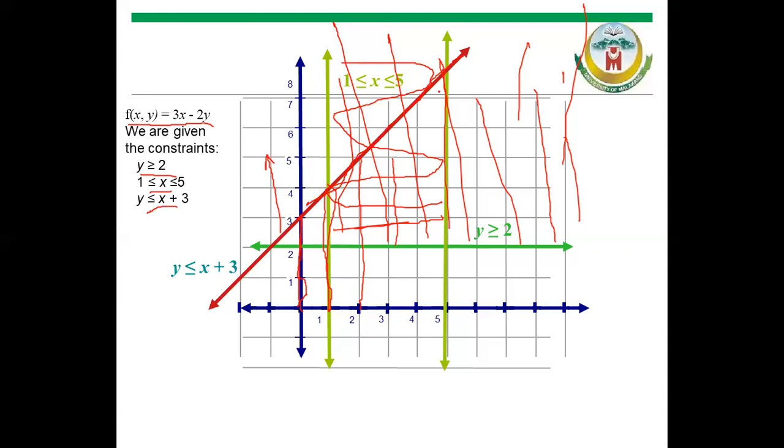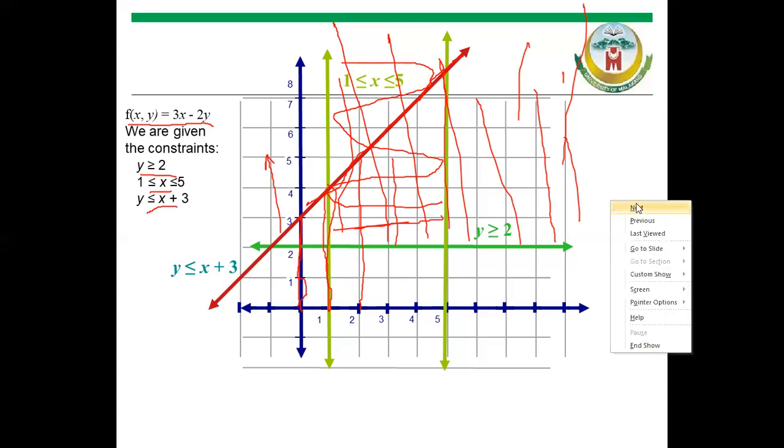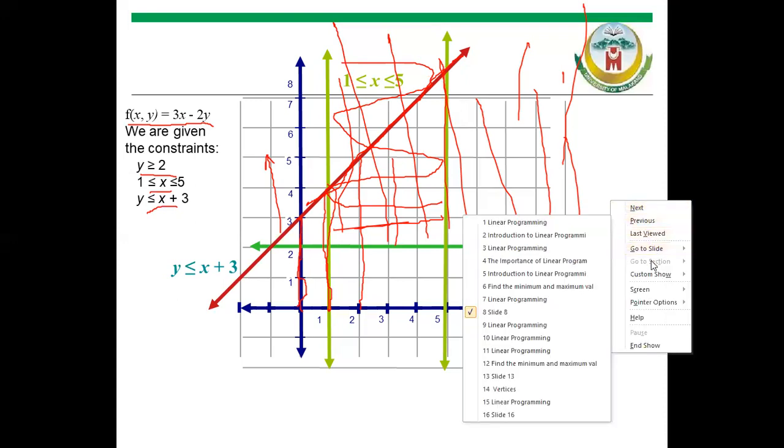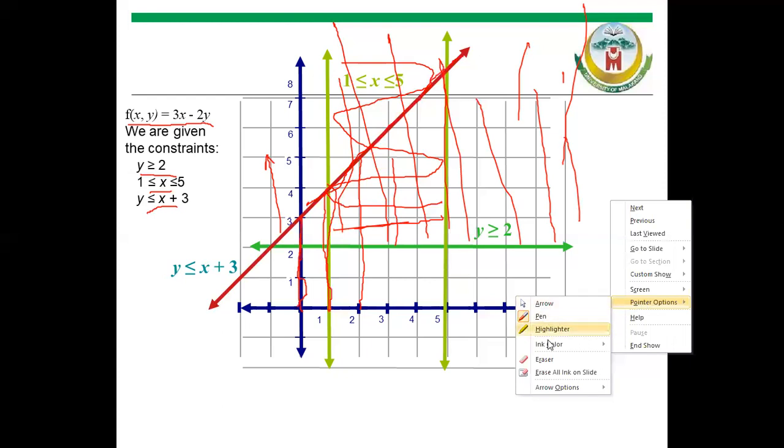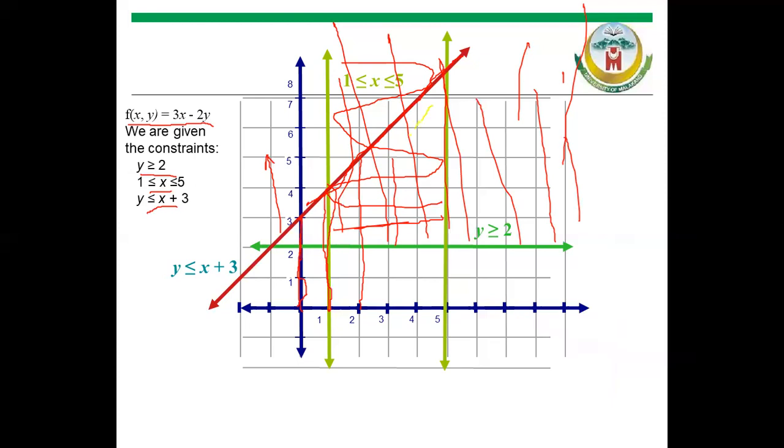in this region I should change the color, I think. Okay, now in this location, when we take x plus 3 and when we take y, y will always be less than x plus 3.